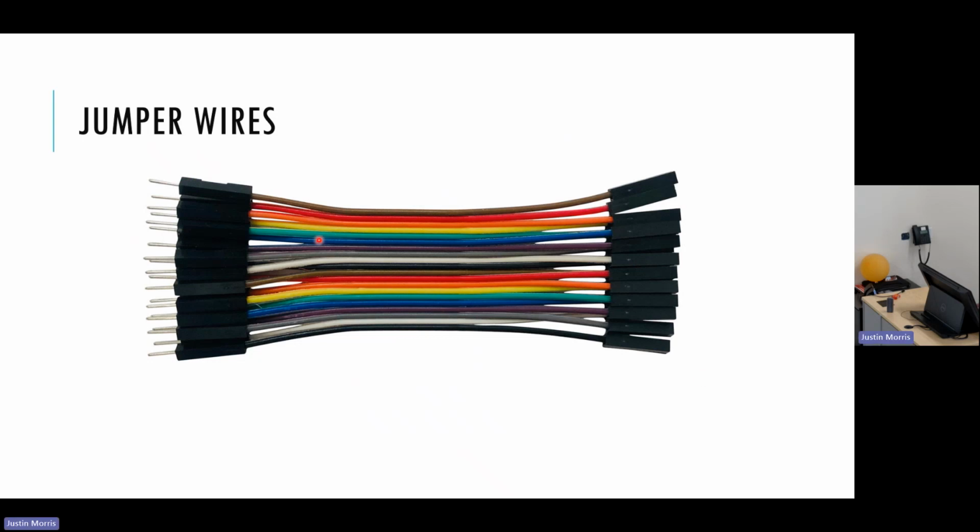And then the color coding is used for convenience, right? You don't need to make things color coded, but having a standard helps when you're looking at a circuit. Usually the standard is that ground is going to be either black or green, power is going to be red, and then all of your data lines, you would give them different colors so that you would know.